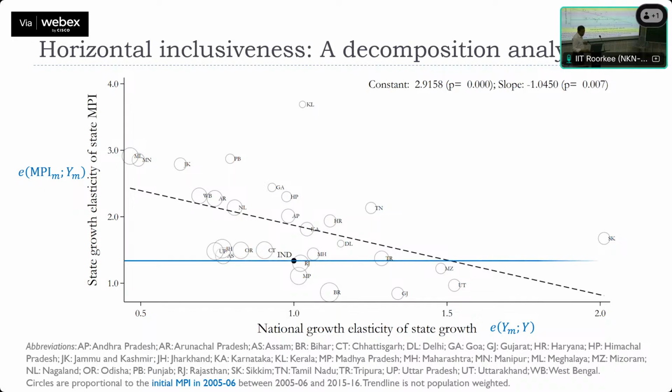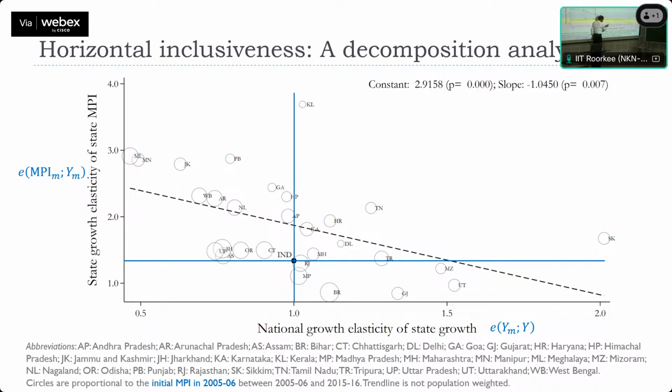So then you have elasticity. It's a relative change. Of course, things will change. For example, Kerala is gone from there, and now Sikkim has come up. But there you go. Again, a consistent player.